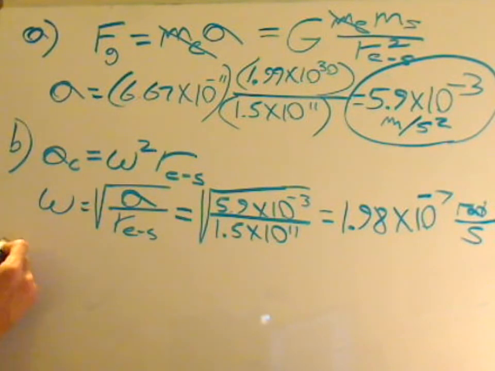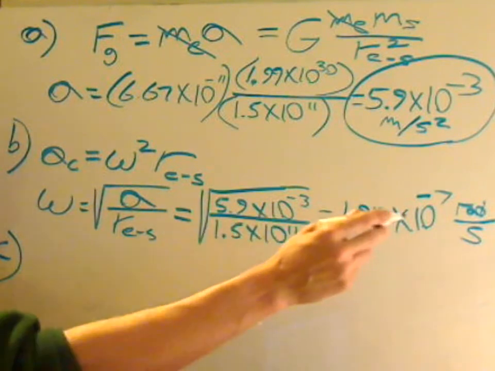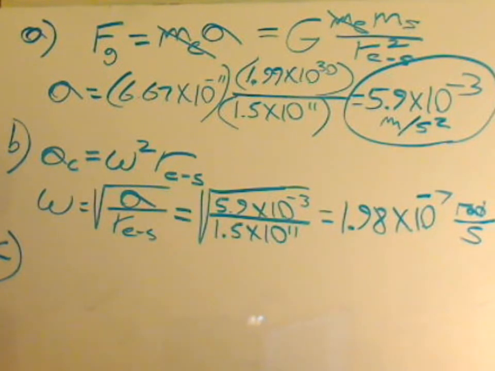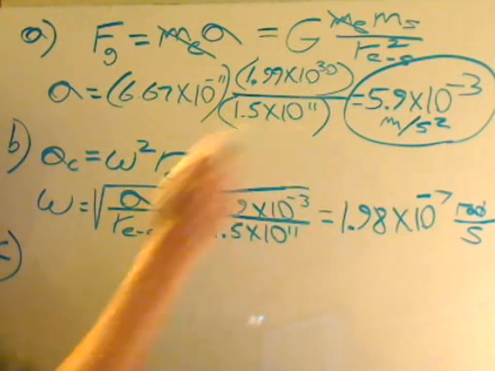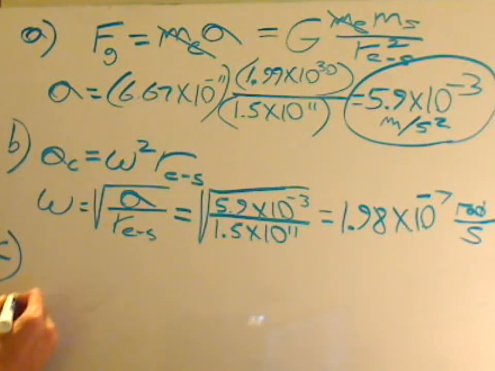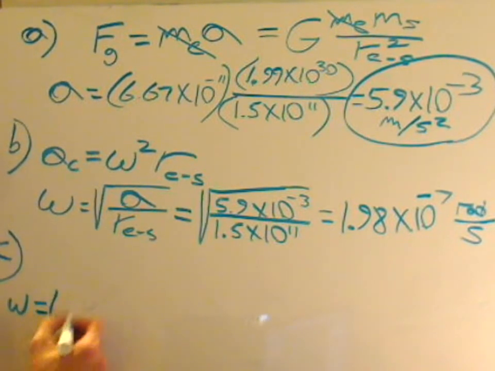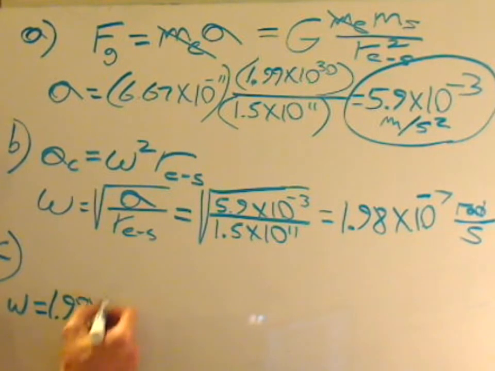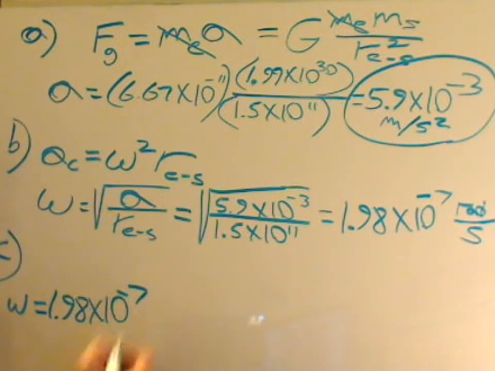Now, in part C, we want to calculate the angular velocity in terms of revolutions per year. So we want to convert radians per second to revolutions per year. So our angular velocity is 1.98 times 10 to the minus 7, and that's radians per second.